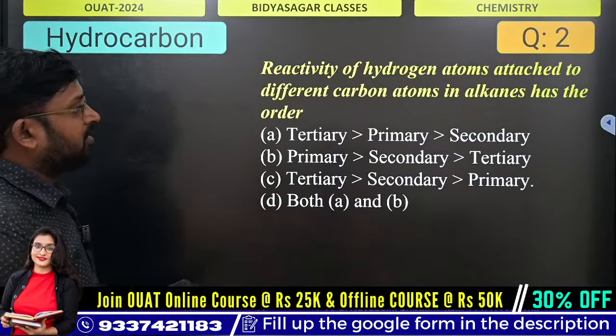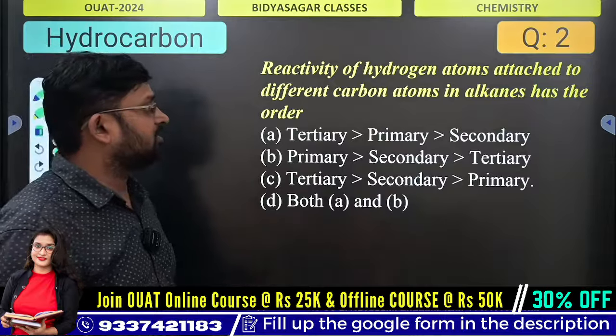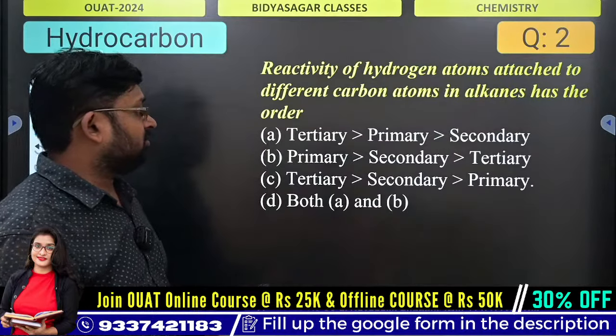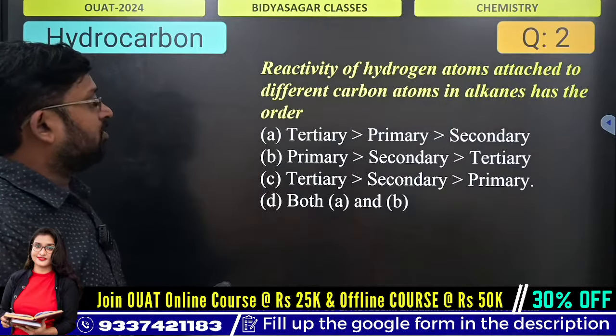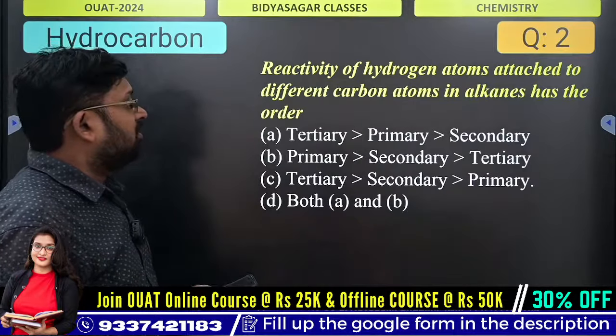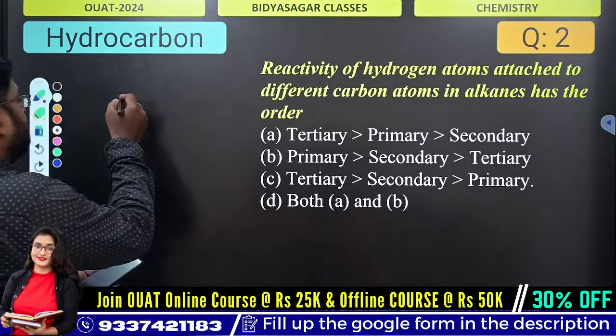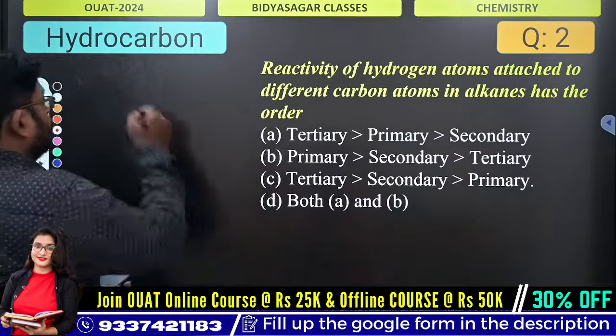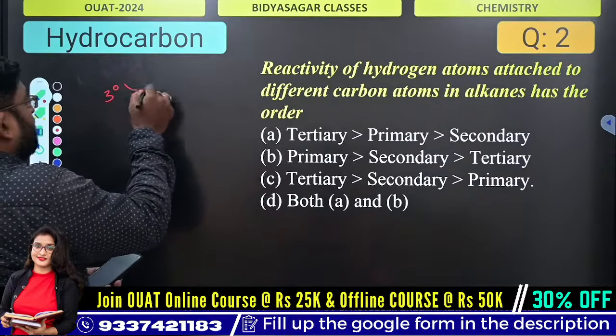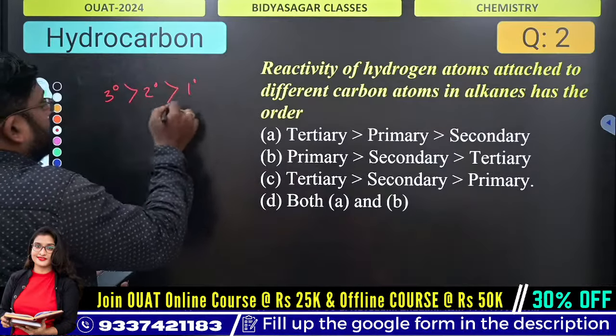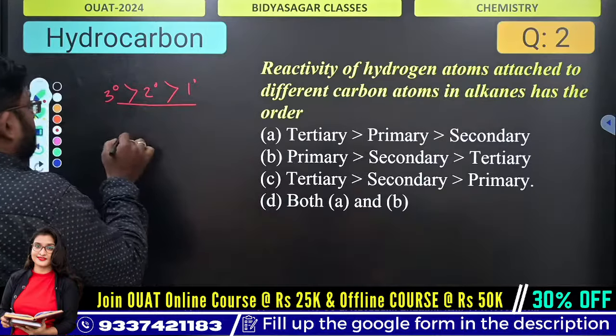Reactivity of hydrogen atom attached to the different carbon atoms in alkanes has the order. So you know the order of reactivity will be 3 degree greater than 2 degree greater than 1 degree.